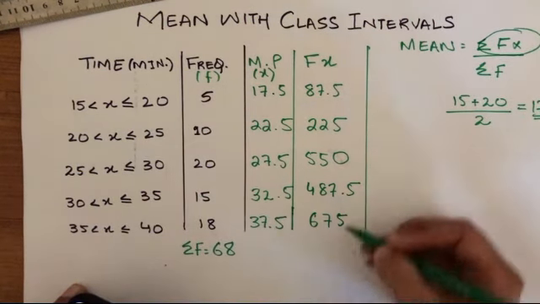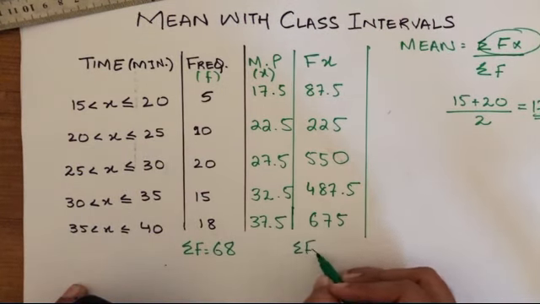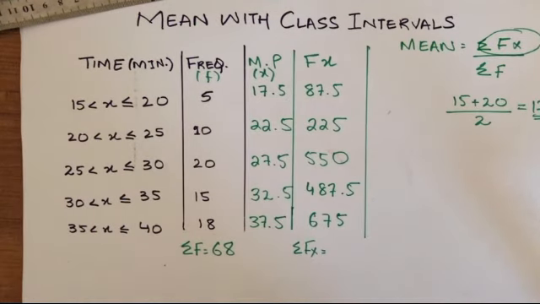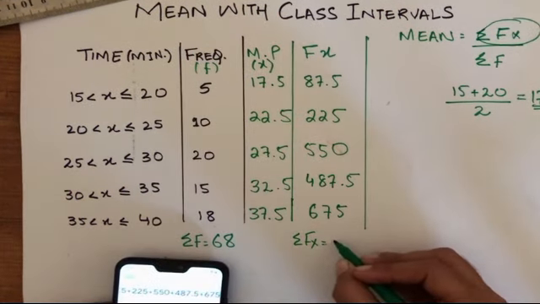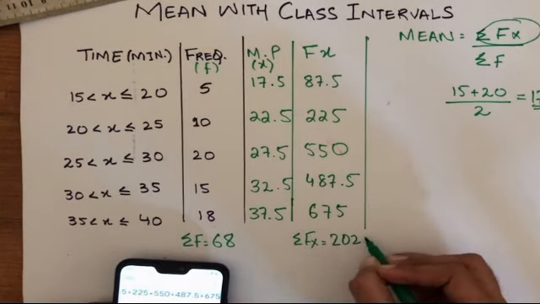And let us sum these as well and label this as summation of fx. This would be 87.5 plus 225 plus 550 plus 487.5 plus 675. So your total fx is 2025.